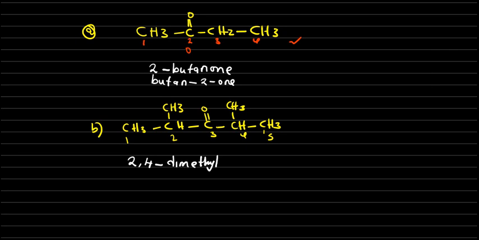So dimethyl, then you connect to say I have pent. It is supposed to be pentane, but you remove that E and put a dash, then indicate the position of the functional group, which is the carbonyl. It is at carbon number 3.